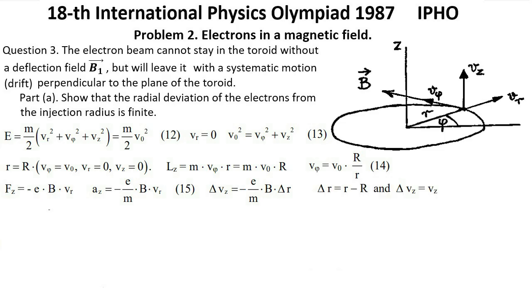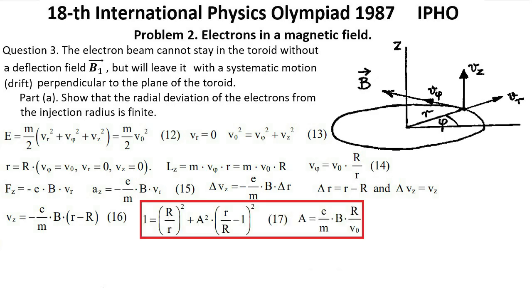Because of Δr equals r minus R and Δv_z equals v_z1, one finds v_z equal expression 16. Using equations 14 and 16 in equation 13, we have dependency 17, where A equal e over m times B R over v0.